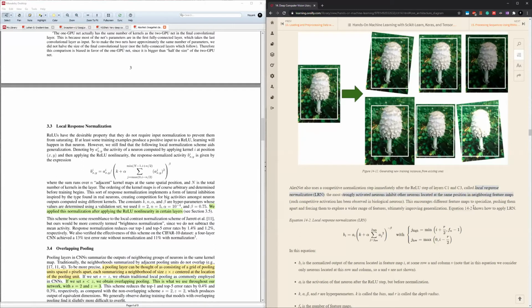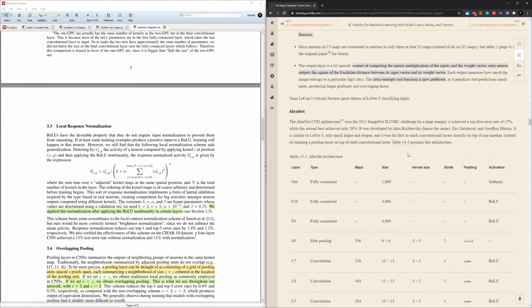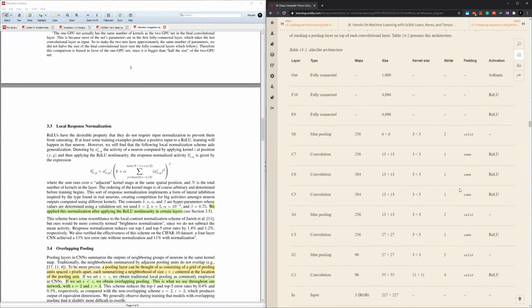This was one seminal step that they used to distinguish their network from the rest to win this challenge. I think it was 2013. They won it in 2012 by a large margin of 17%.